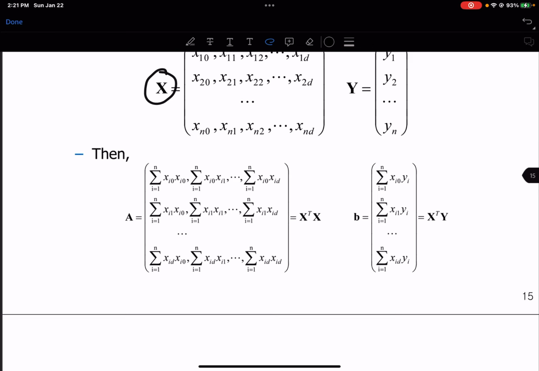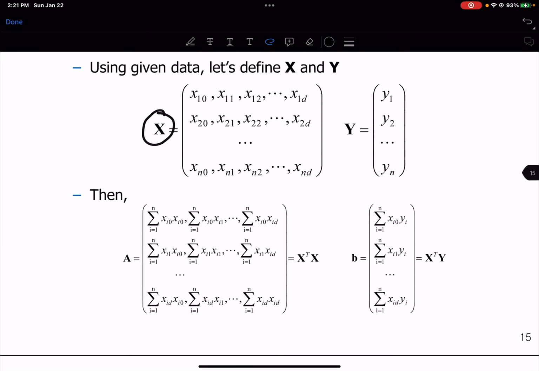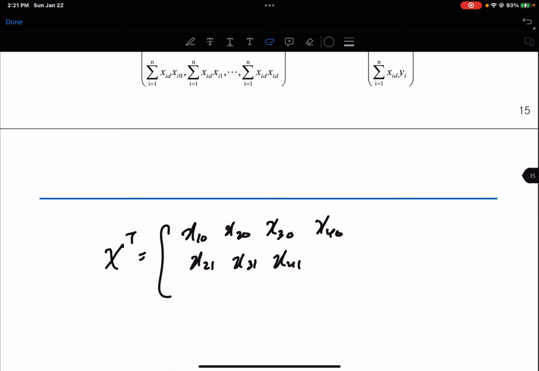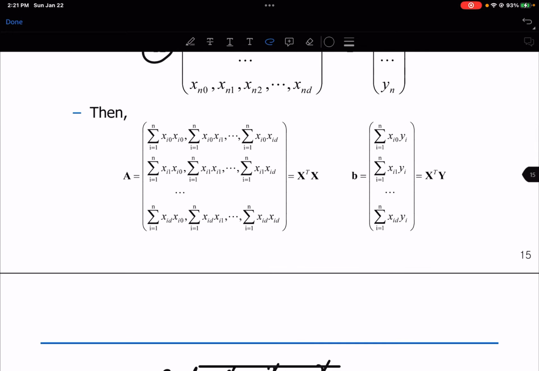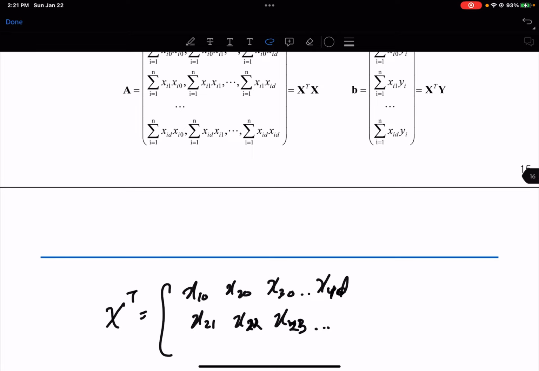What about the next column? 2 1, 2 2, 2 3, and the last one is 1D.